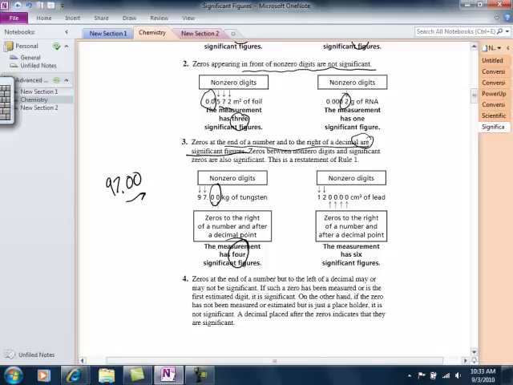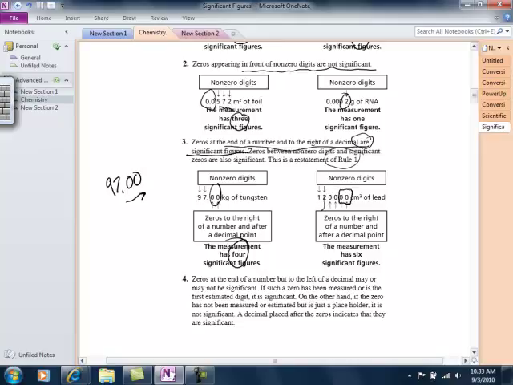Now, it says zeros between non-zero digits and significant digits are also significant. So here's my non-zeros and zeros, and these are significant, correct?